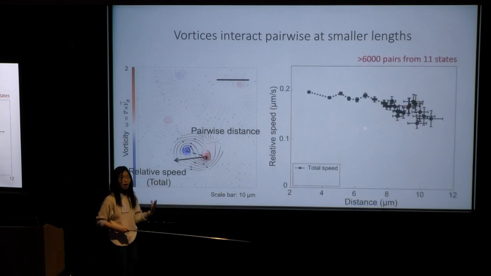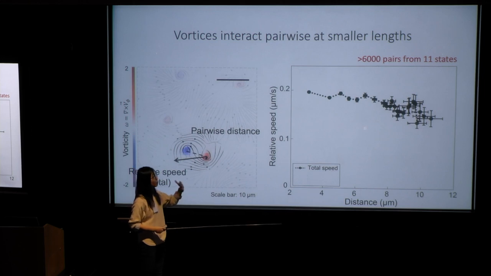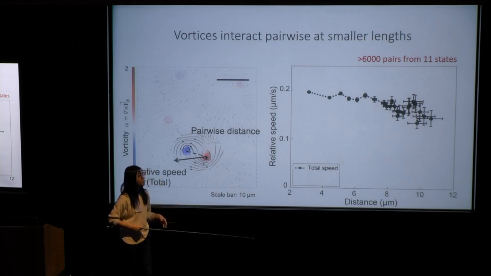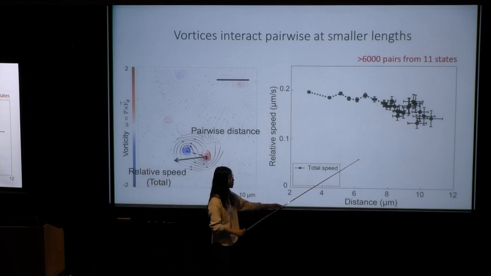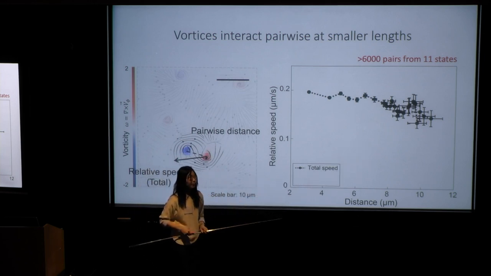When we take in all the statistics we have of more than 6,000 vortex pairs from all different steady states, we realize that there still exists this substantial acceleration as the pairwise distance decreases.